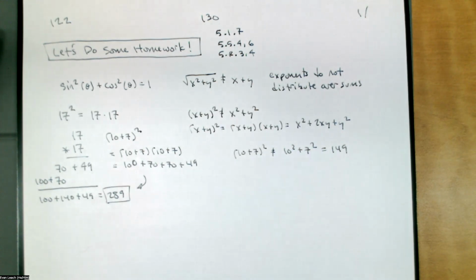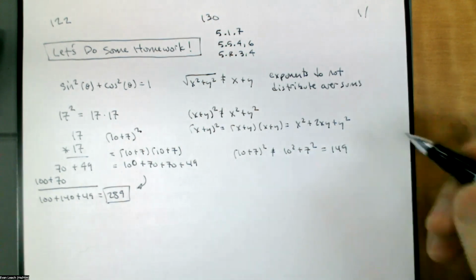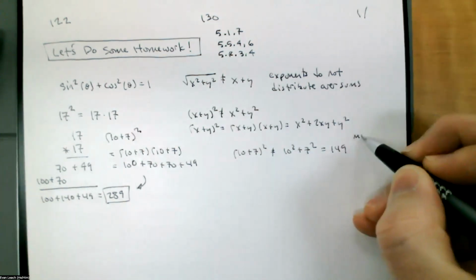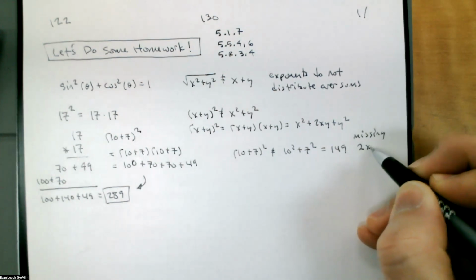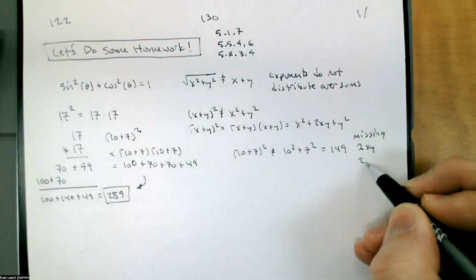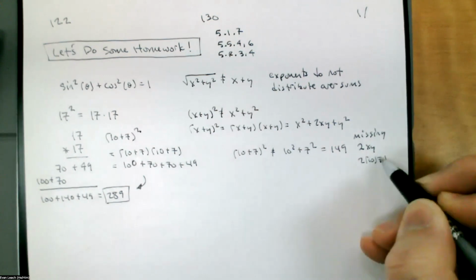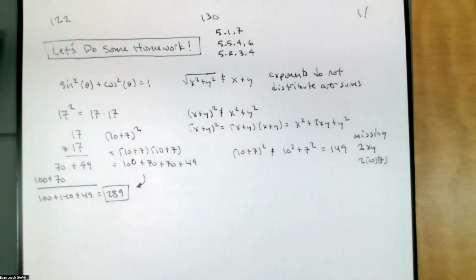We're missing 2 70s, which is 140. So we're missing the 2xy, which is 2 times 7 times 10. And we can see that 149 is off of the 289 by 140.